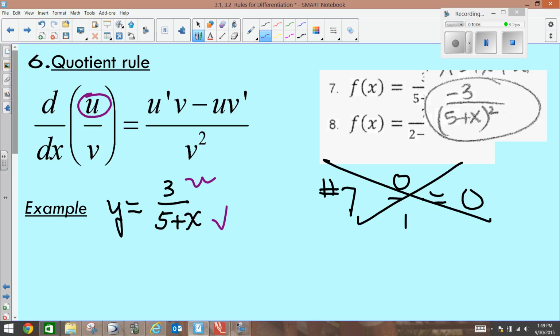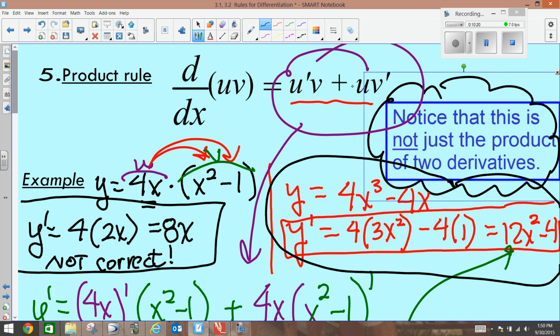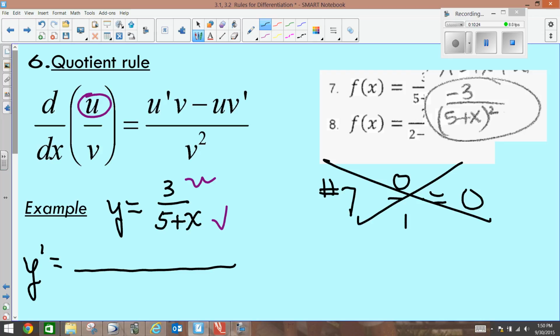Okay, all right, so y prime equals, now notice the top is very similar to the last one, except it's a plus sign here instead of the minus sign. So the derivative of the top, u is 3, prime times the bottom, which is 5 plus x.